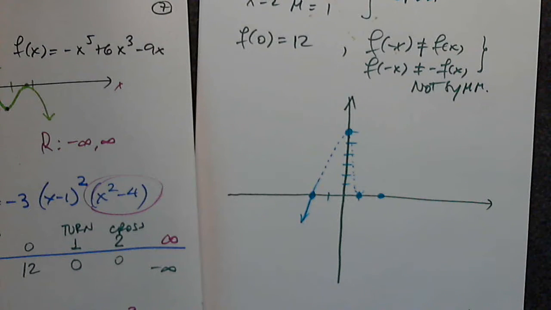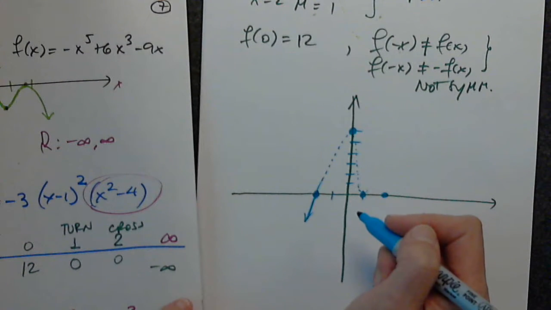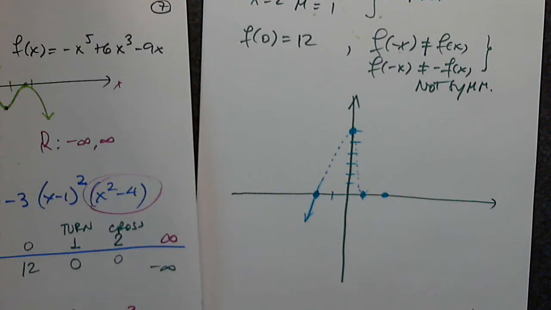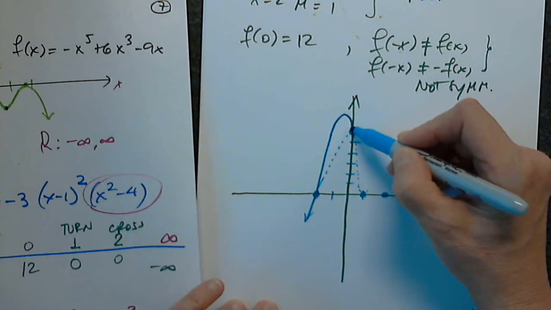If I have to twist my hand or my wrist in graphing it, something is not right. It's not fluent.